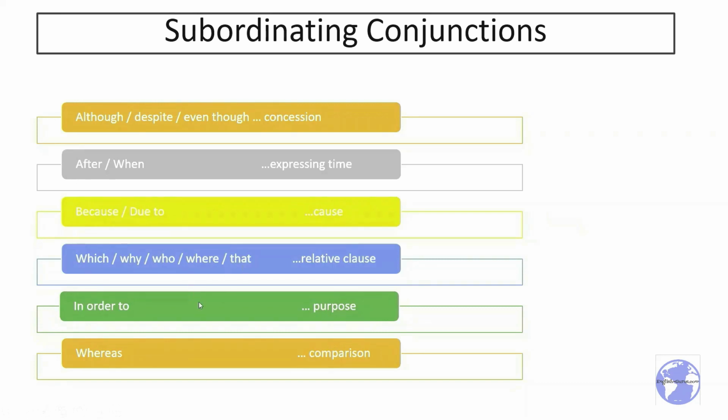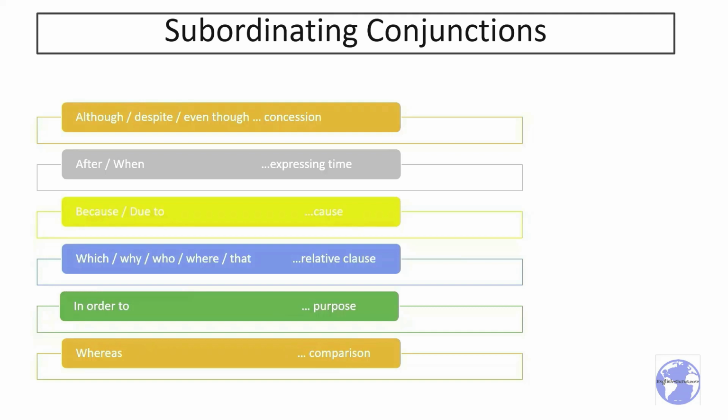In order to indicates purpose, we use it a lot in IELTS writing task 2. So it's important to remember this one. So in order to improve the environment, we need to stop using so much petrol.